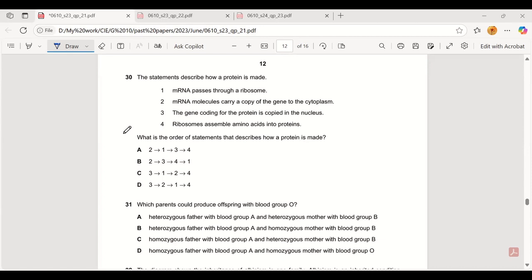Because C is not correct. Protein synthesis. D, Miss. D, yes. Both of them begin by 3. D is the correct answer.